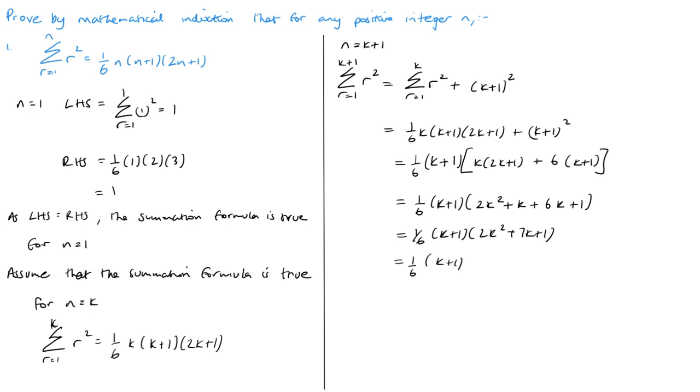Now I'm going to factorize this, and it's k plus 2 and 2k plus 3. Okay, so 2k squared, 3 plus 4k is 7k, 2 times 3, that's 6, what am I doing? 6. That's 6. Apologies.